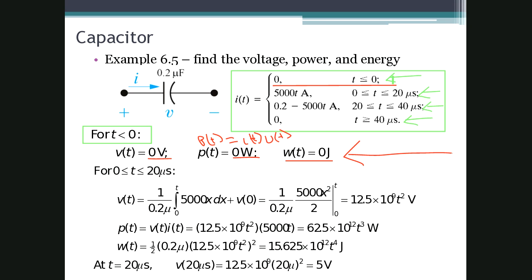So I will not expect you to do this part here. I will actually have it written out for you on the exam. What I will expect you to know is when I give you V of t, and I give you this whole first line, that you understand that this is the function of V of t for a specific condition. So in this case, it's the specific condition between 0 and 20 microseconds. This is how voltage is reacting.